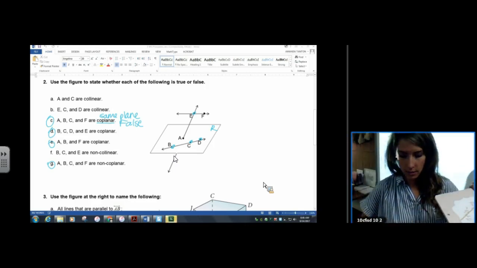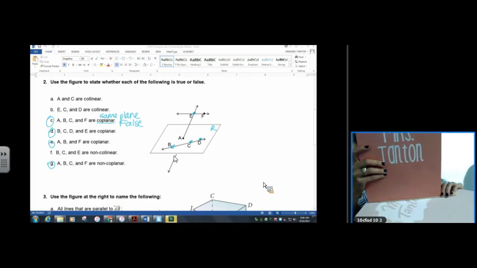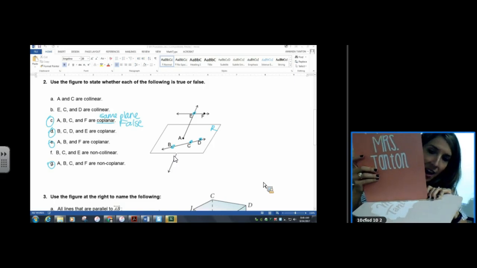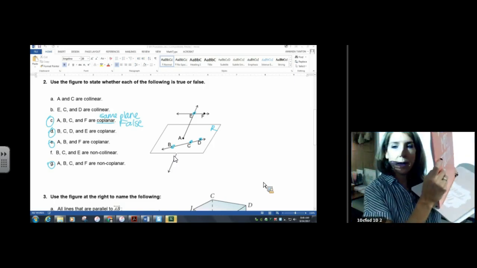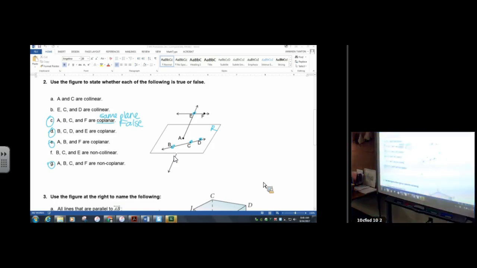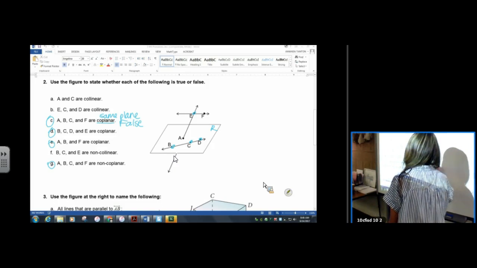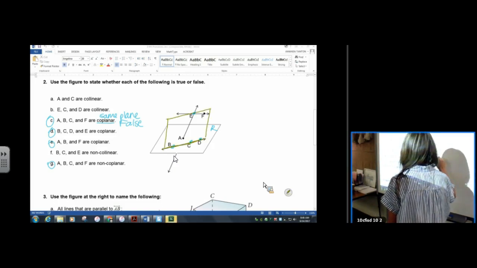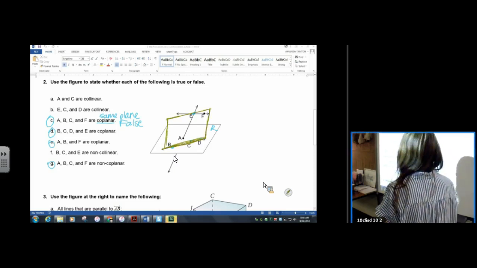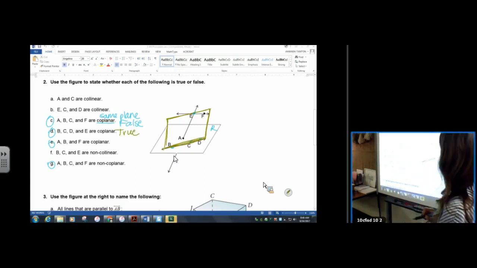Look at this. Boom. I caught B, C, D, and I caught E up in the air because these are intersecting just like that. So I'll draw it on here. Could I draw a plane? Yes, I could. I have B, C, D, and I've captured E. These are coplanar. True.